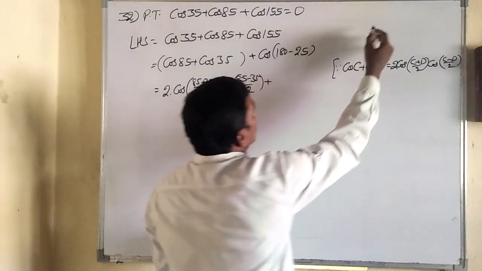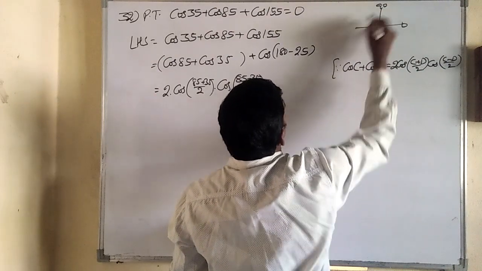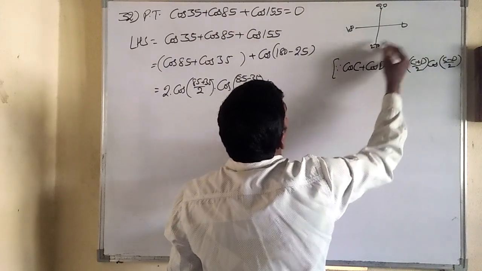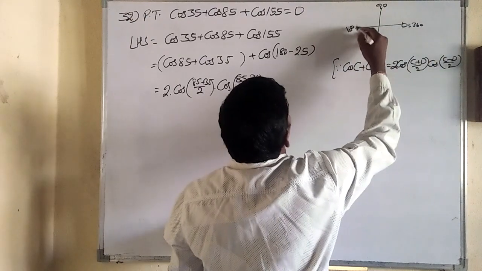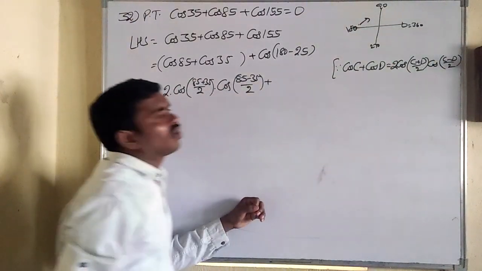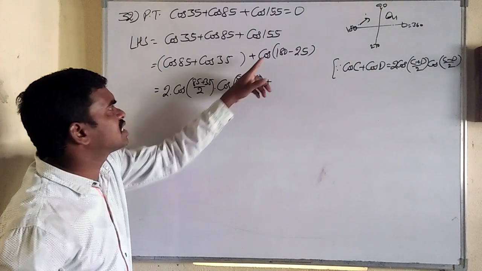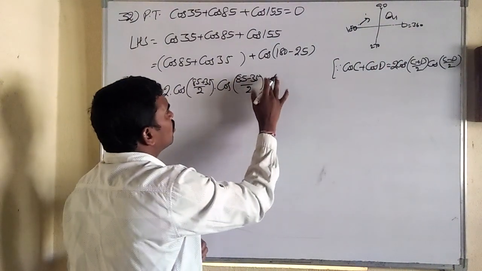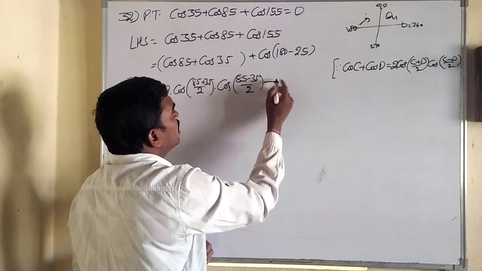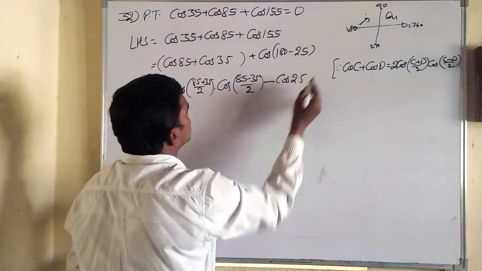Which quadrant does 180 minus 25 belong to? 0, 90, 180, 270, again 360. 180 minus means the second quadrant. In the second quadrant cos is negative, so we get minus, and 180 means no change, so cos 25 as it is.